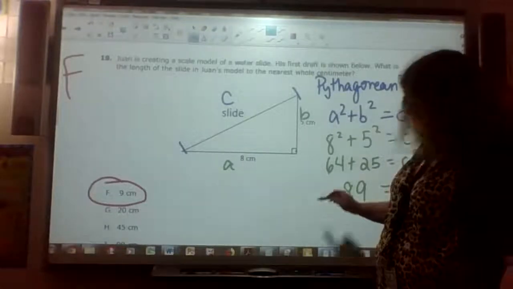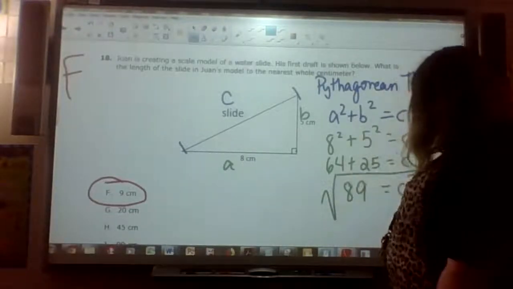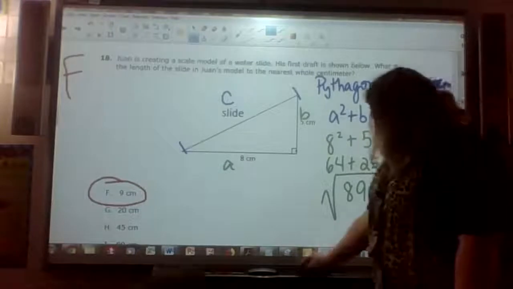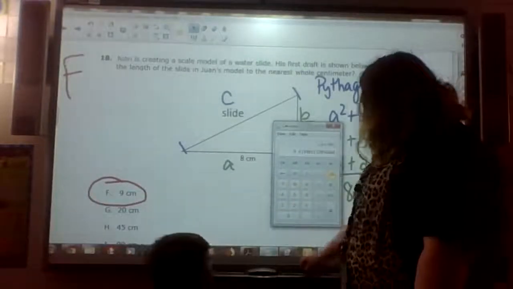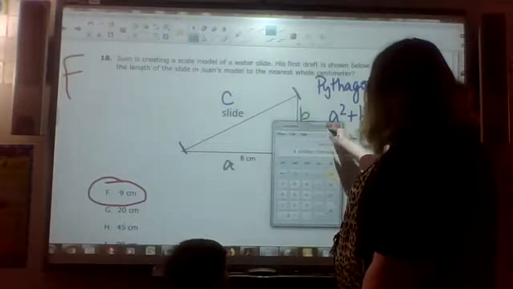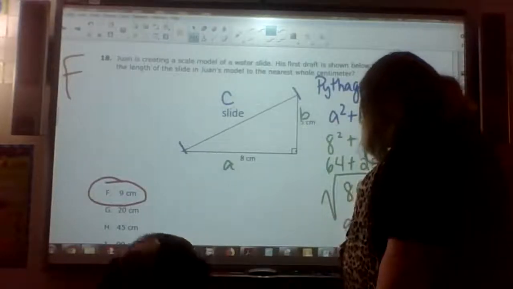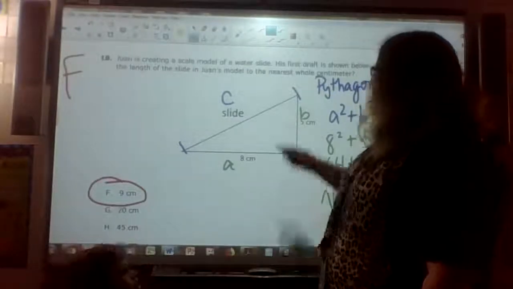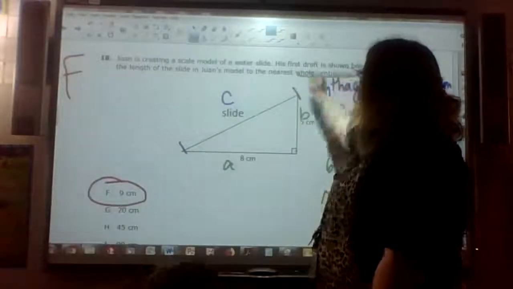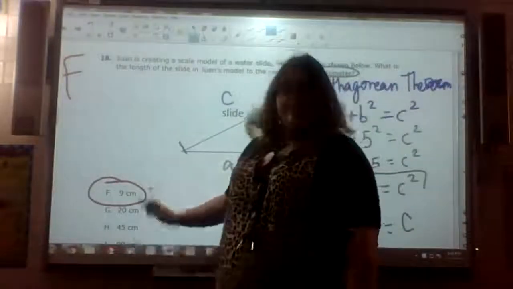And then you're going to do the square root. C is going to equal the square root of 89, which is 9.43. And it wants us to do the nearest whole, which should be 9.